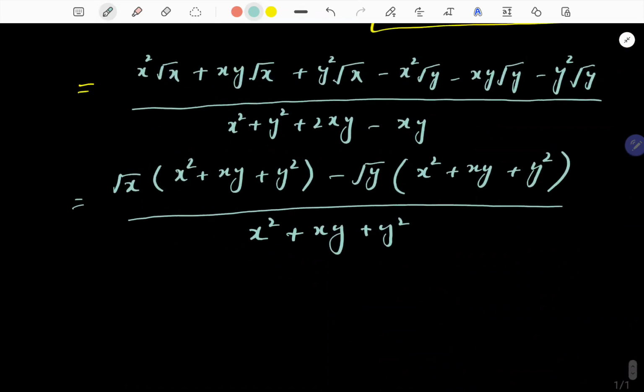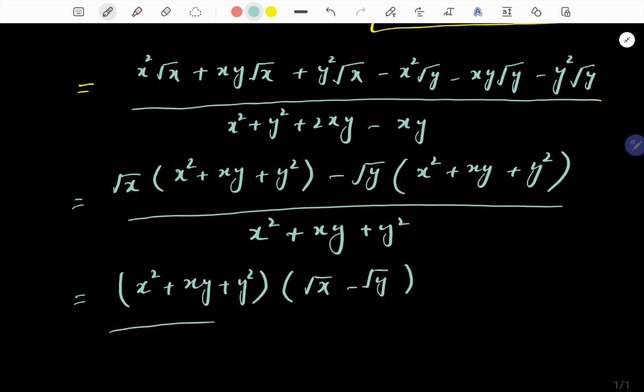So since in the numerator x square plus xy plus y square is a common factor, we will take it outside, and this will give square root of x minus square root of y, whole divided by x square plus xy plus y square.